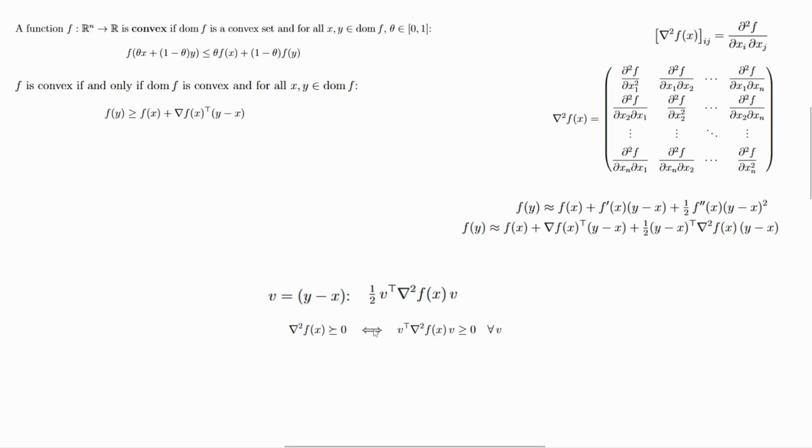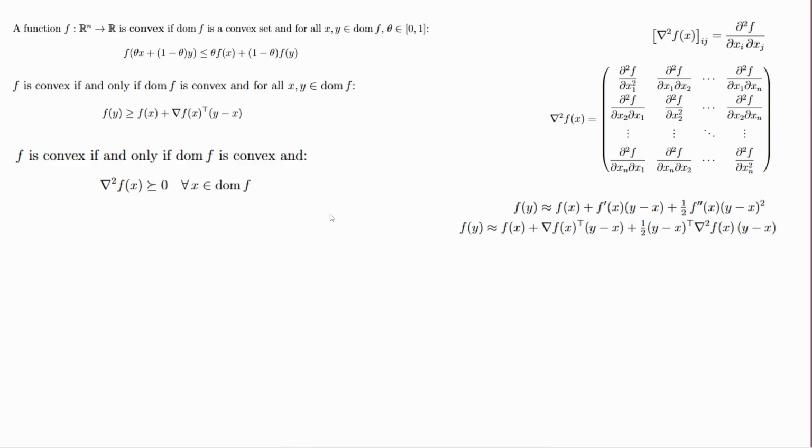And the definition of positive semi-definite is that this expression here must be greater than or equal to 0 for all vectors or directions v. Okay, great. So now we've arrived exactly at our second order condition for convexity. f is convex if and only if the domain of f is convex and the Hessian is positive semi-definite.